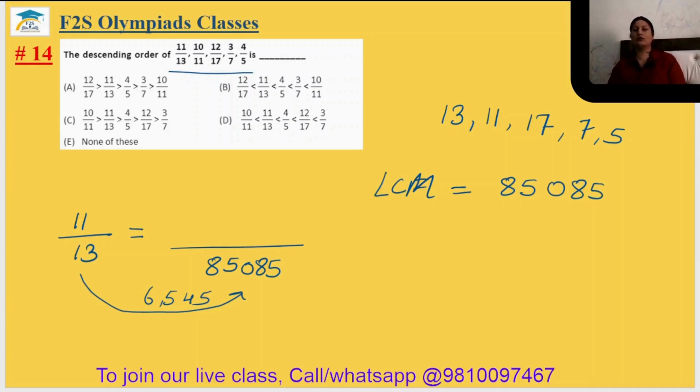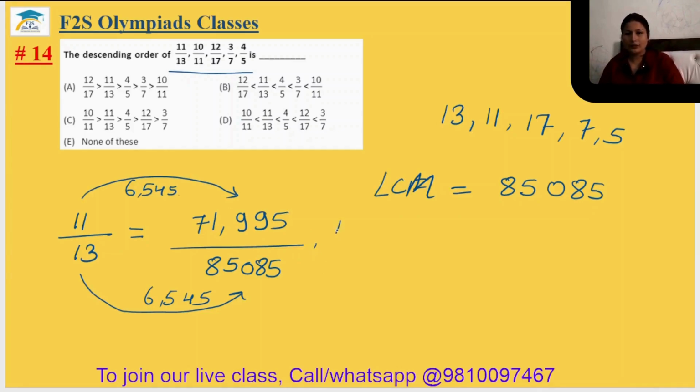By multiplying, you find the LCM, and by dividing it by 13, you find 6,545. 11 will also be multiplied with 6,545. Then you will get the product 71,995. Okay.